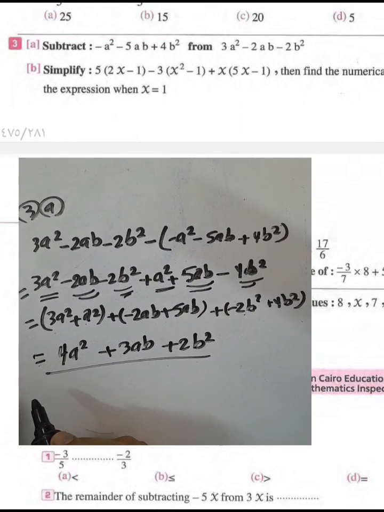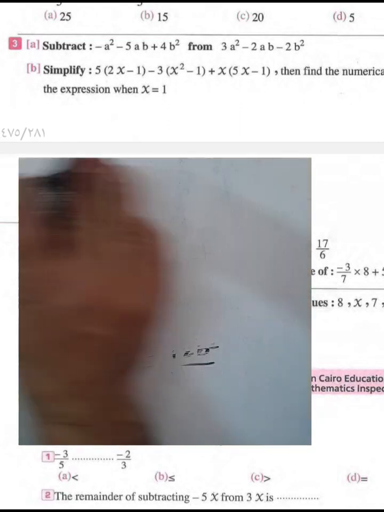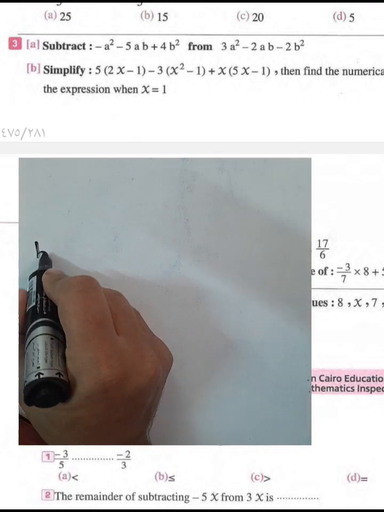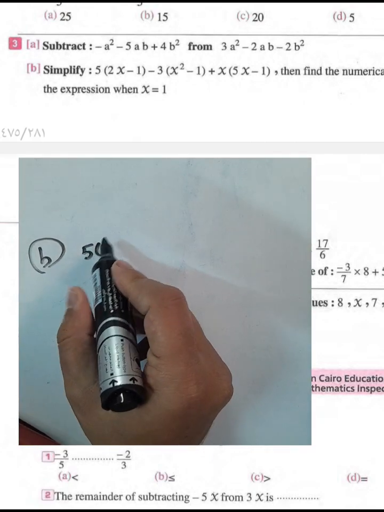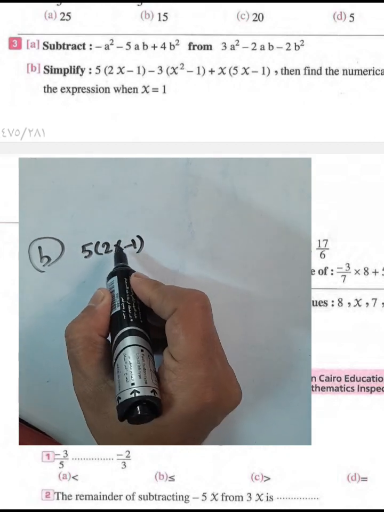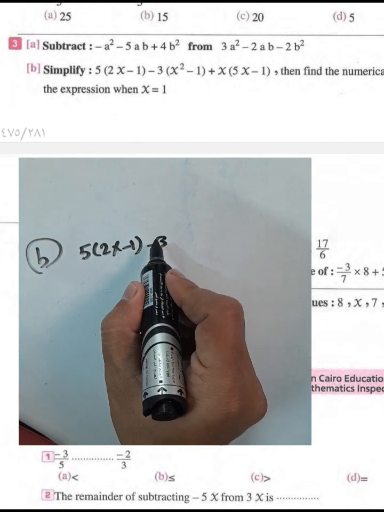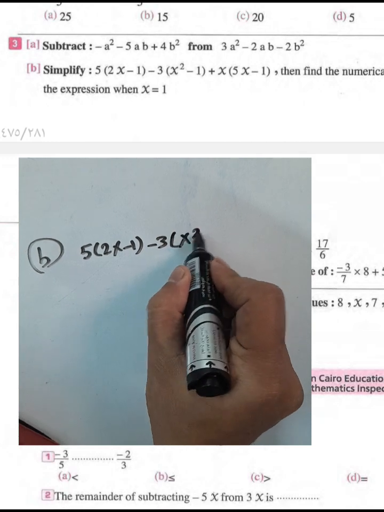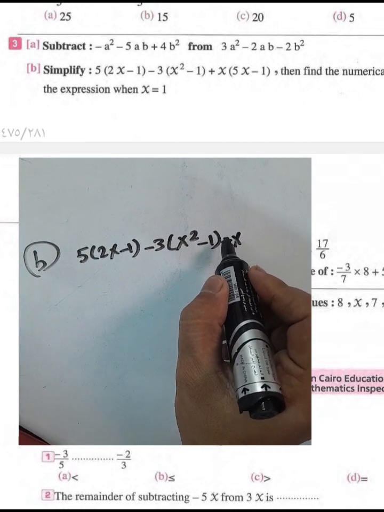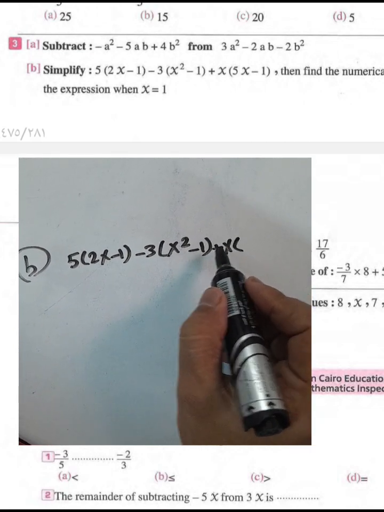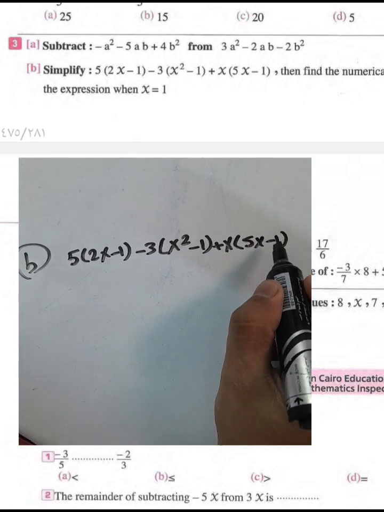Okay, question letter B. Simplify 5 multiplied by 2x minus 1, subtract 3 multiplied by x power 2 minus 1, plus x times 5x minus 1.